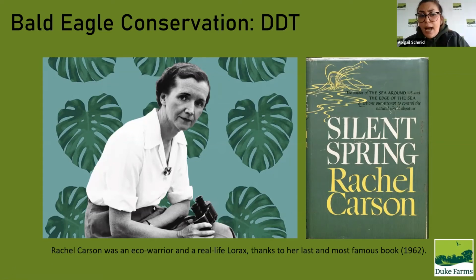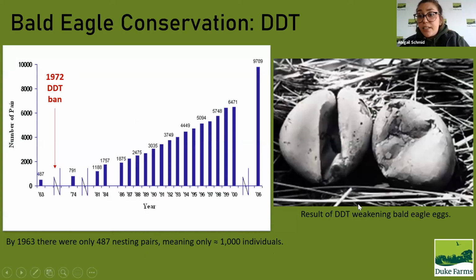Getting into how DDT specifically affected bald eagles, we can see here, yes, it affected much of the natural elements, right? But specifically for bald eagles, we saw an enormous population decline.